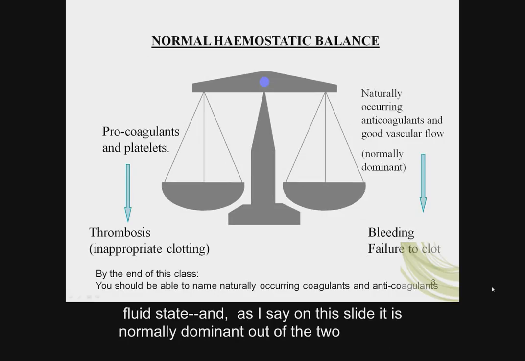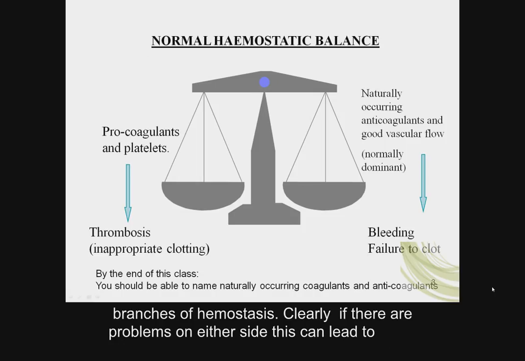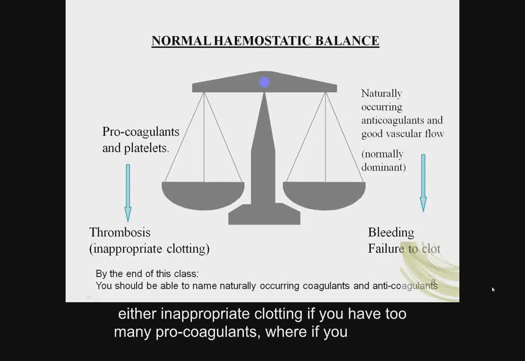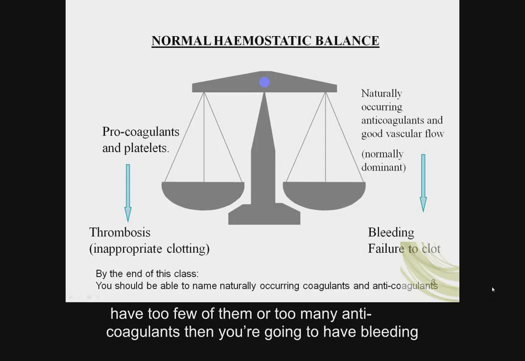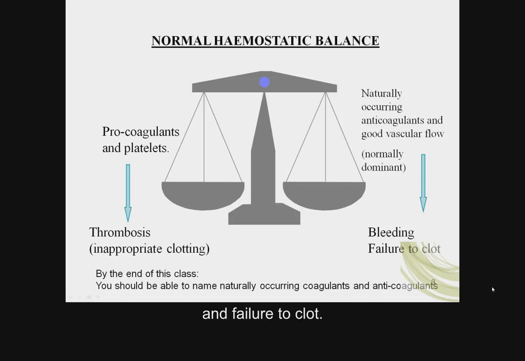And as I say on the slide, it is normally dominant out of the 2 branches of hemostasis. Clearly, if there are problems on either side, this can lead to either inappropriate clotting if you have too many procoagulants, where then if you have too few of them, or too many anticoagulants, then you're going to have bleeding and failure to clot.